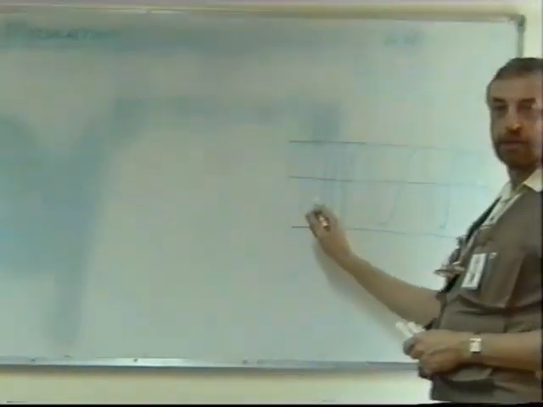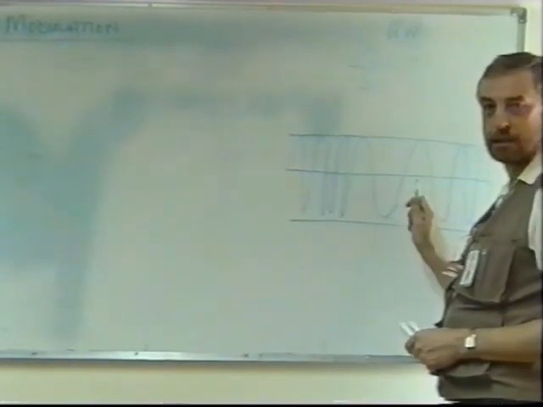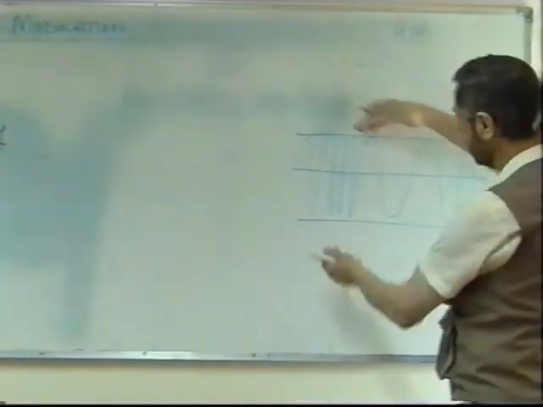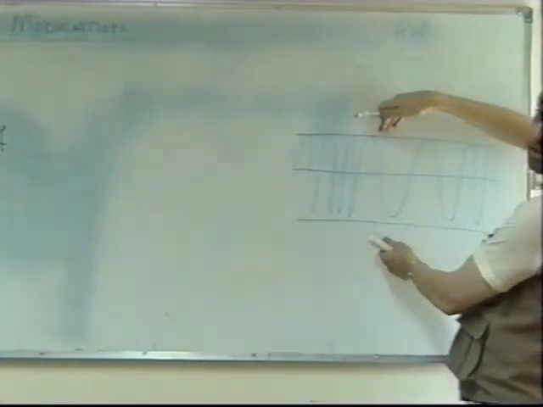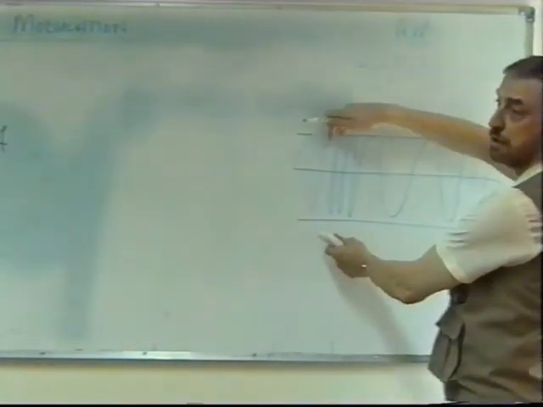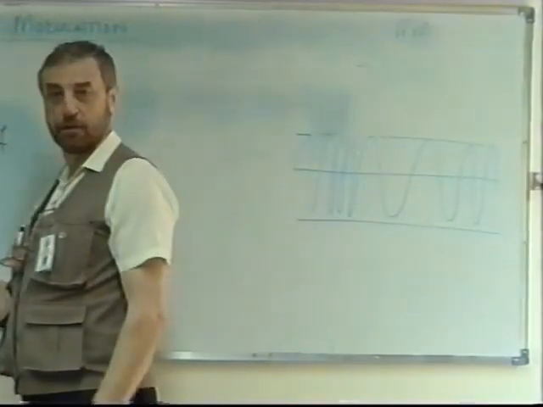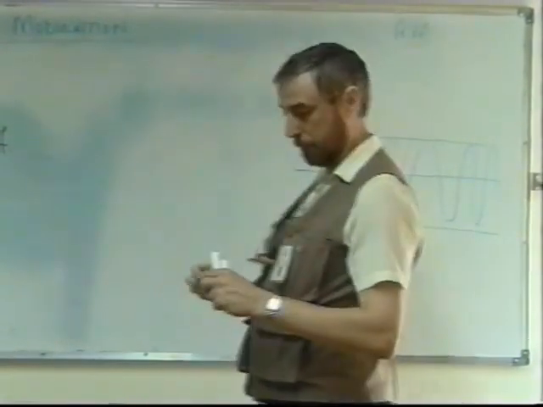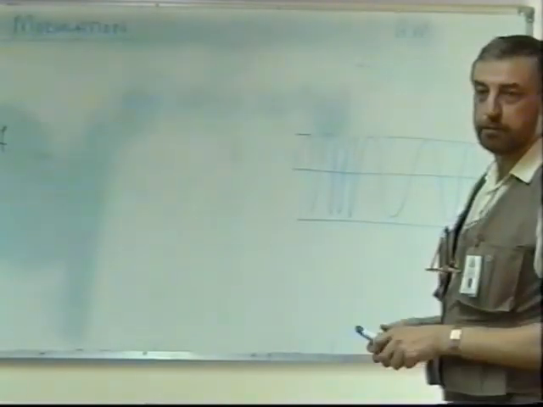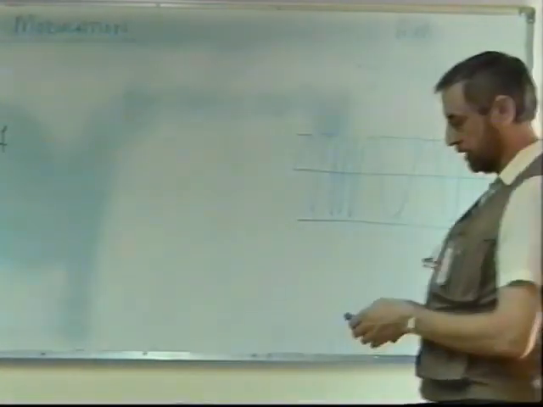So that's an increase in frequency and a decrease in frequency from the carrier. Notice the amplitude of the carrier is the same, that's not changing. The amplitude doesn't change, the frequency changes. Frequency modulation. Very simple principle, FM, as we call it.